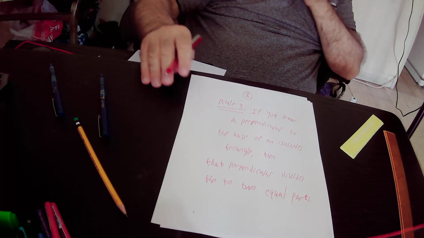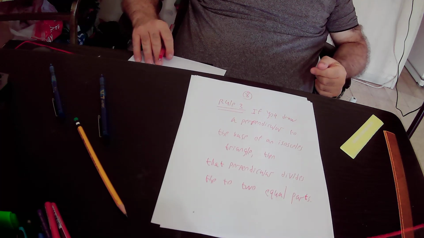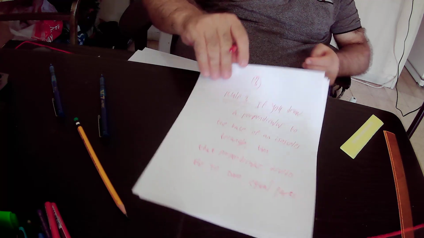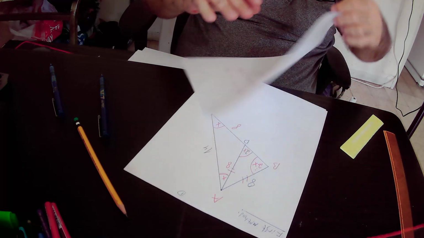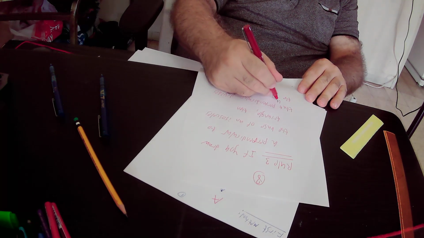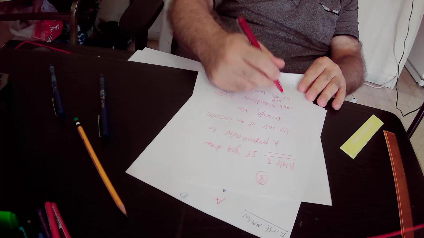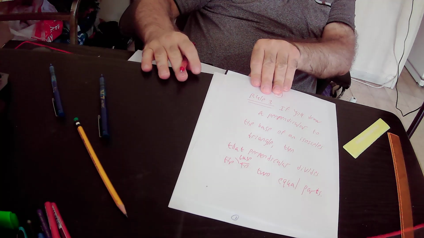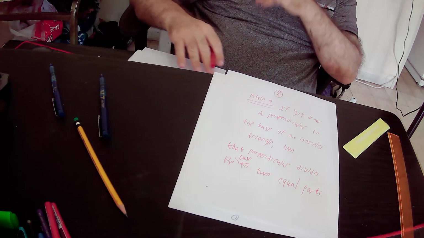So I will read rule number 3 again. According to rule number 3, if you draw a perpendicular to the base of an isosceles triangle, then that perpendicular divides the base into two equal parts.